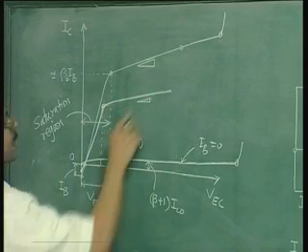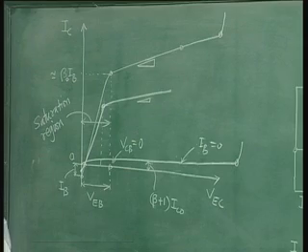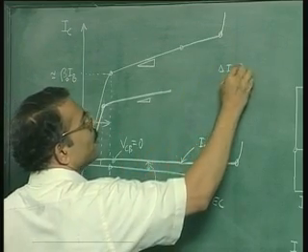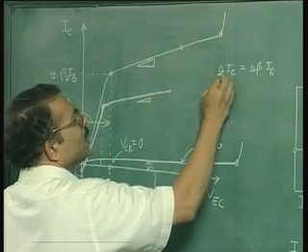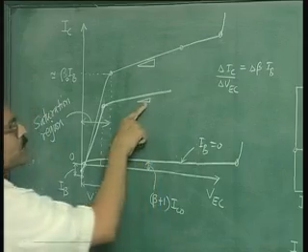Now it can be easily seen that this slope should be less as compared to this slope, because we have seen that delta IC is equal to delta beta into IB. So delta IC by delta VEC, which is the slope, we can write in this form.